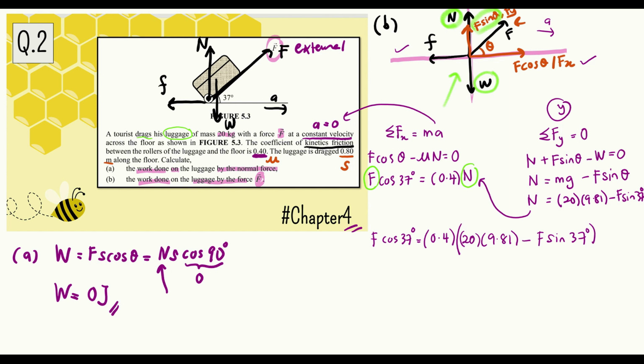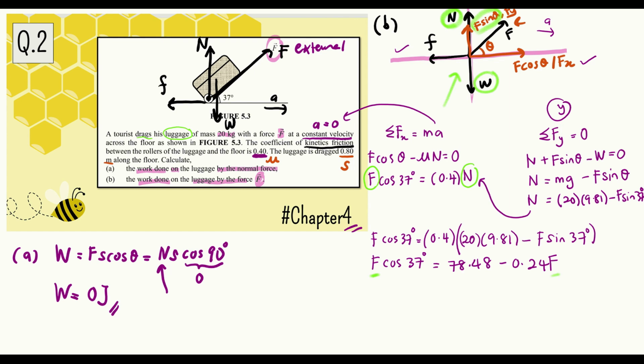Now we expand the equation and do the calculation, then we get F cos 37 is equal to 78.48 minus 0.24 F. So here we have F on the right side and also on the left side.